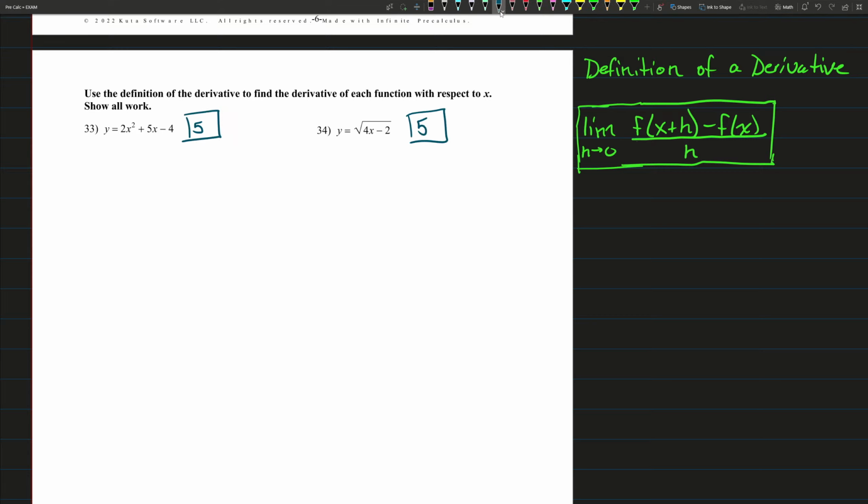And one of those is always going to be using that definition in some way, shape, or form. So even if you just list it, I'll probably give you credit.